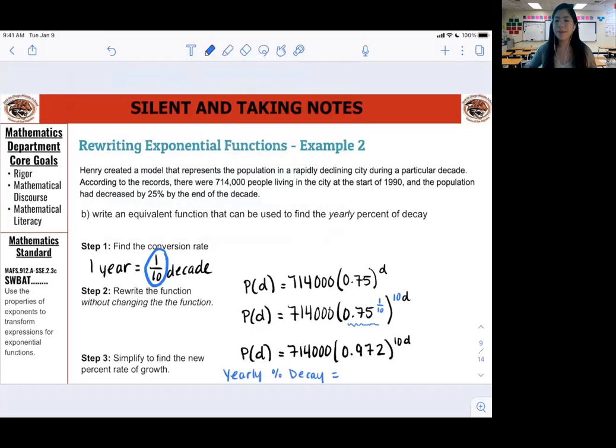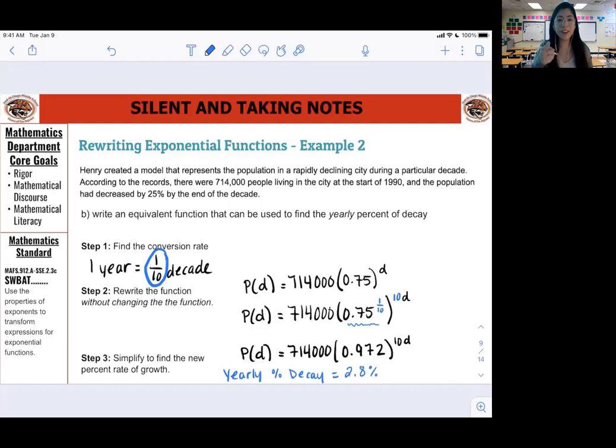Be careful. Oh, the percentage. Oh, I'm sorry. Since it's decaying, we have to do 1 minus 0.972. 0.028, which is 2.8%. You got it.